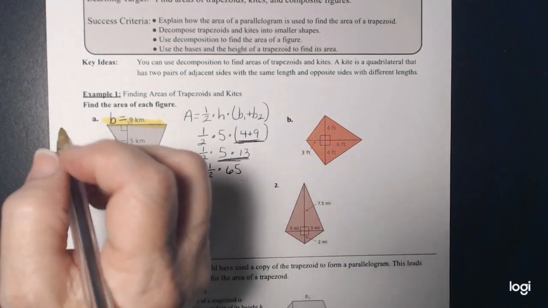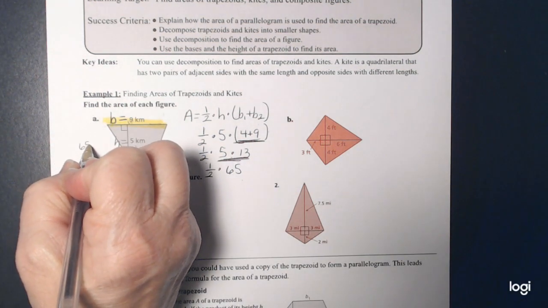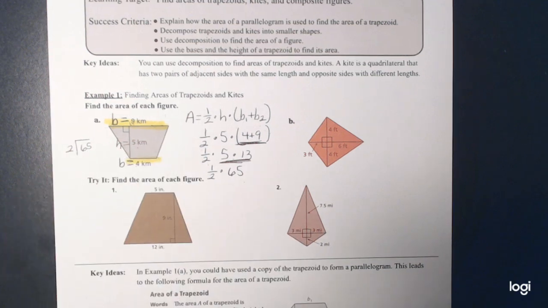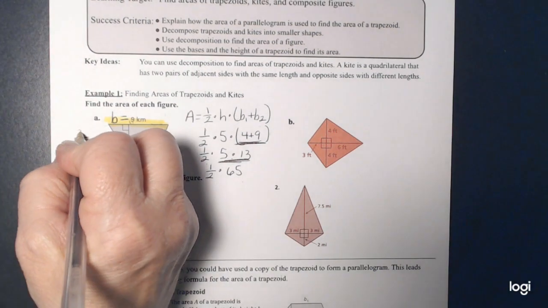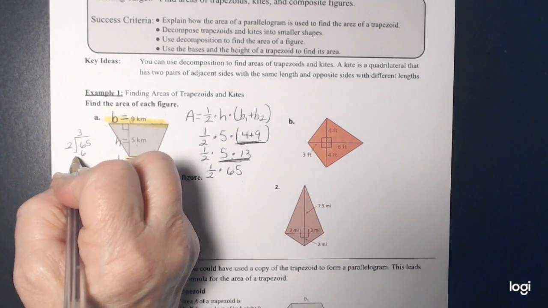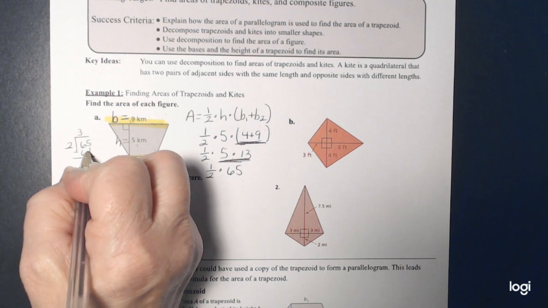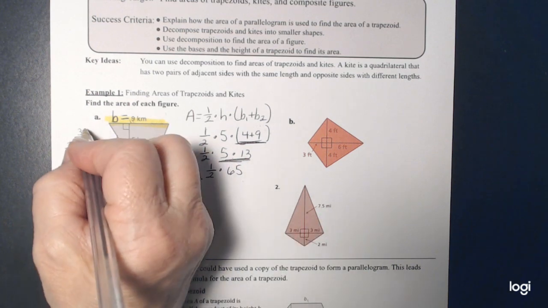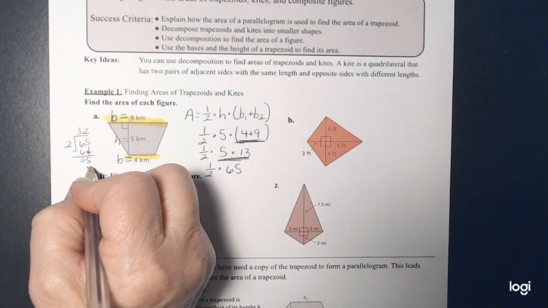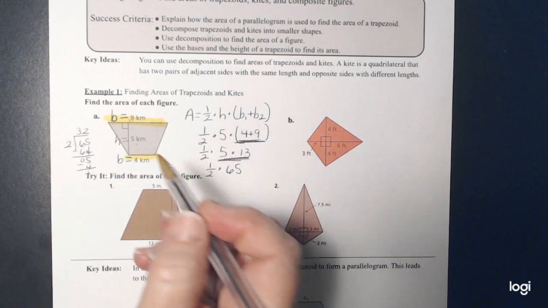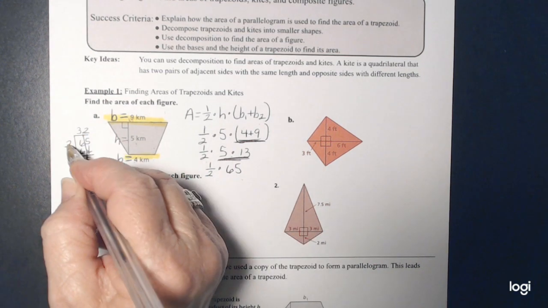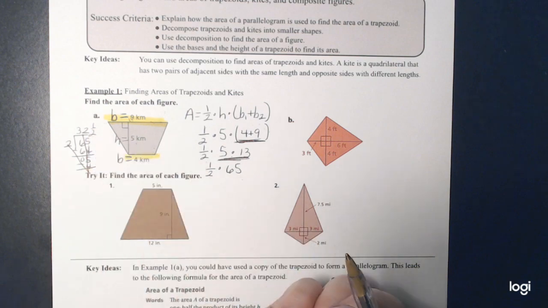Well, let's go over here and let's just see. What is 65 divided by 2? Looks like it's 32 and 1/2.